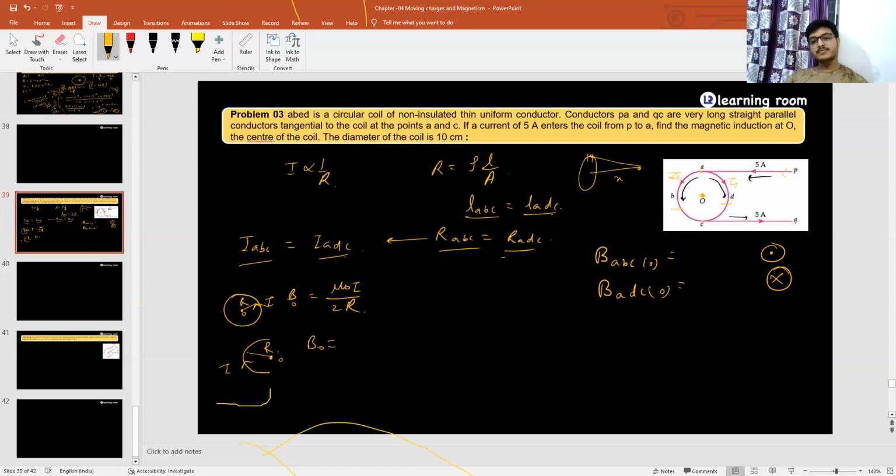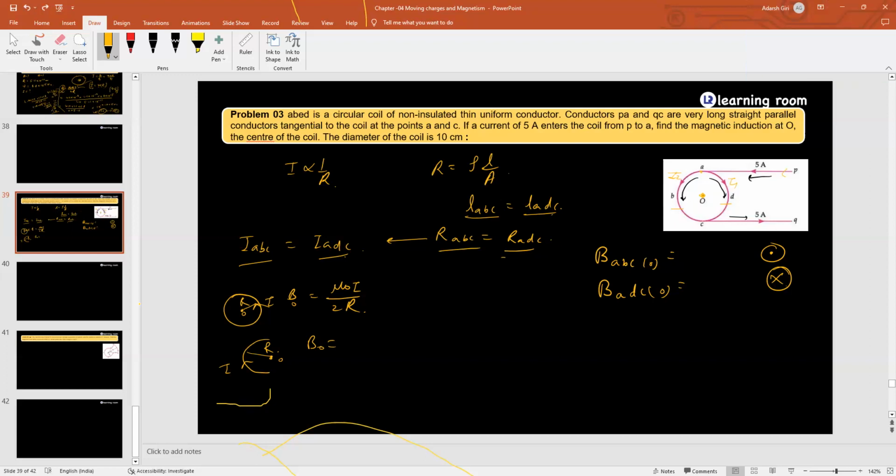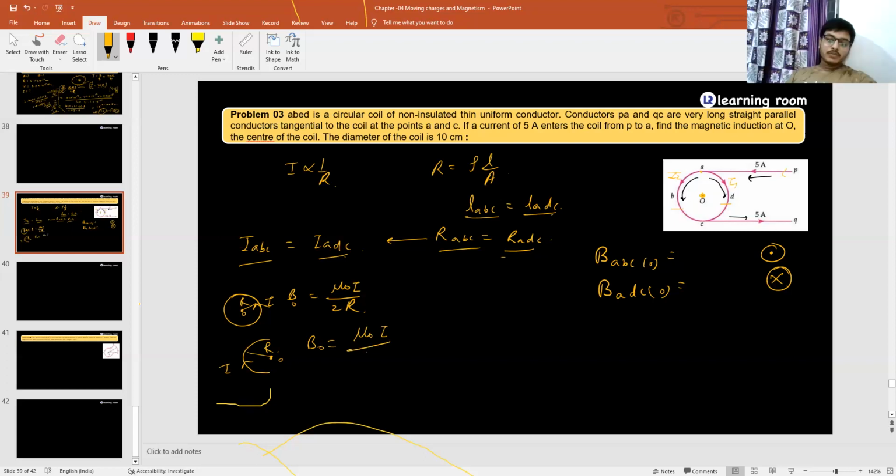For this special case it was the center, where x was equal to 0. What limit did you put here? You put 2 pi r, no? For this particular dl length, you put 2 pi r. In order to get the semicircle, you just have to reduce that limit to pi r. Understood? So that value is mu naught I upon 4r you'll get.